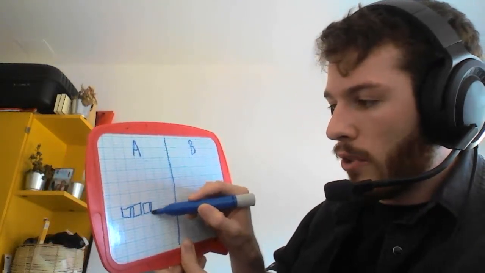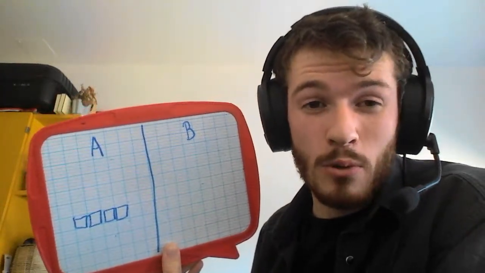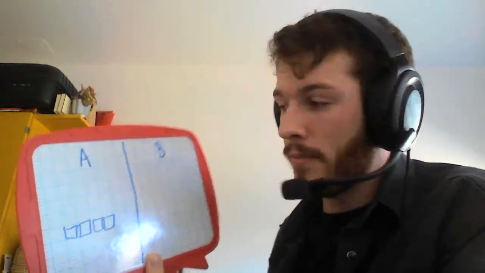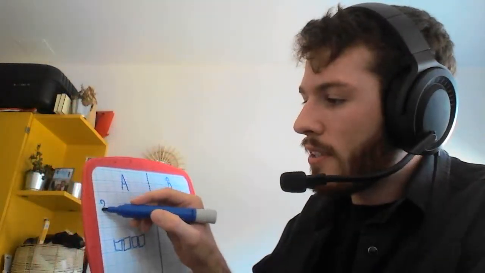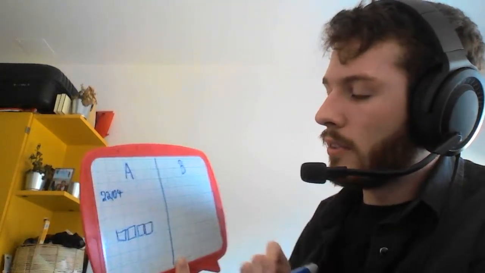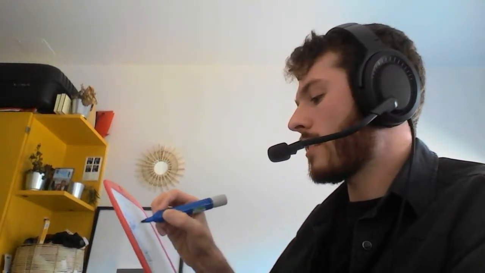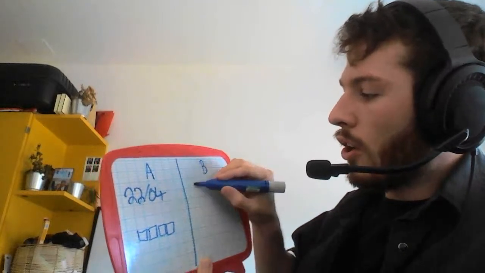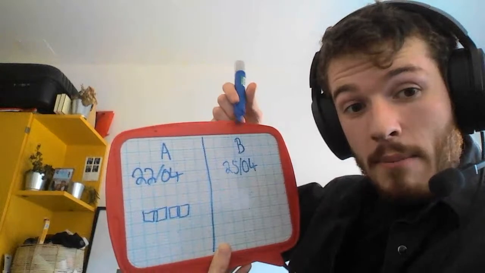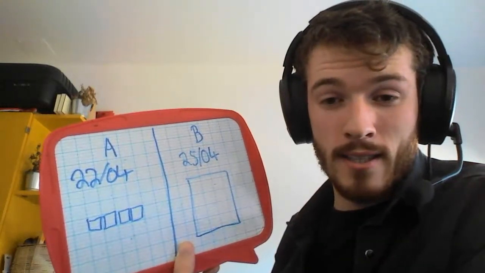I'll try and draw them on the grid. Company A have loads of small boxes. I need a big box. So today is the 22nd of April. Okay, that might be quite small. Today is the 22nd of April. On the 25th of April, Company B are going to sell really big boxes.